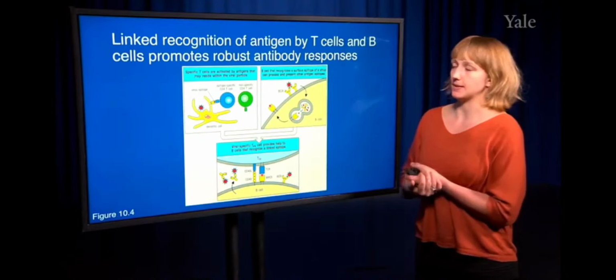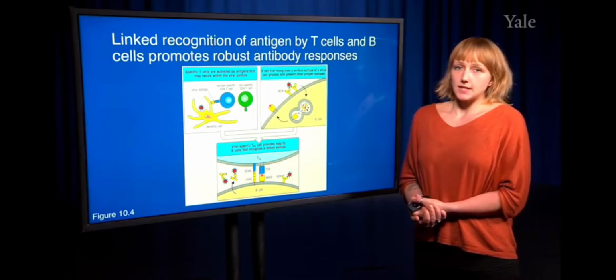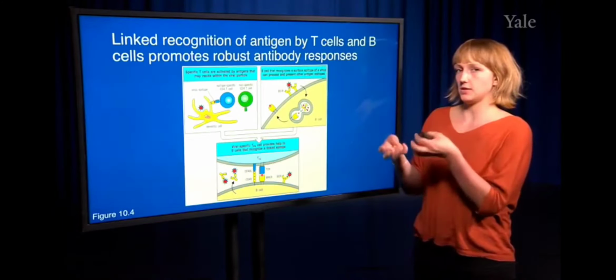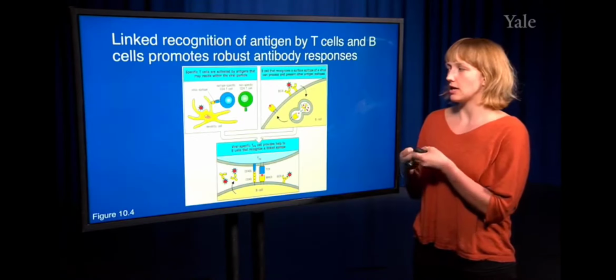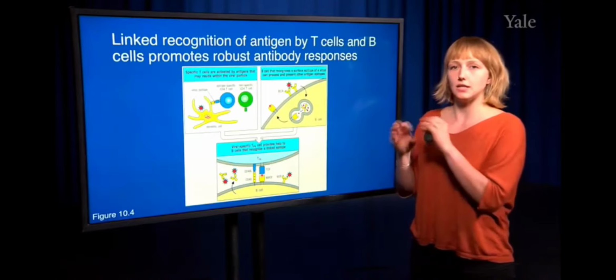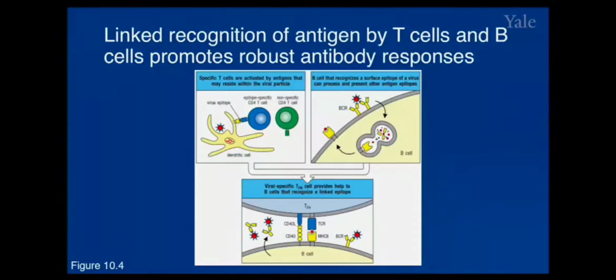Upon recognition of their antigen, B cell receptors can endocytose the pathogen, and this endocytosed molecule is then broken down. The B cell itself will also act as an antigen-presenting cell and present the inside epitopes of the virus.